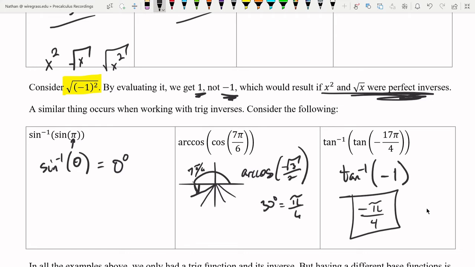So if you have the inverse function last, you're always going to be restricted back to the range that the inverse has. For sine, it'd be negative pi over 2 to pi over 2. The same thing with arctangent. For cosine, you're going to be within the 0 to pi range of angles.